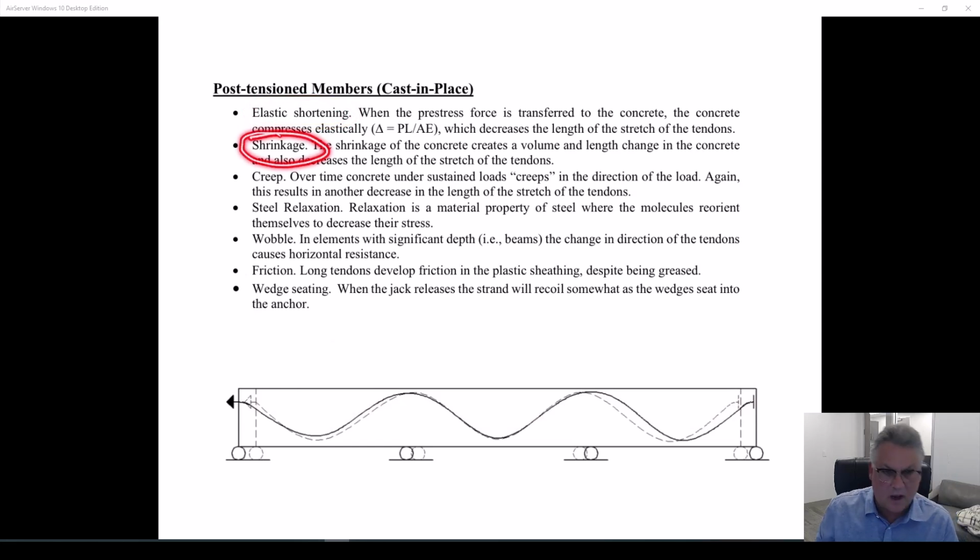Concrete shrinks over time. It's hydrating. It was wet in its first days of life. It starts shrinking, starts hydrating. That hydration leaves voids in the concrete. Now, in reinforced concrete, we just end up with a whole bunch of cracks throughout the system. Hopefully they're relatively small cracks and we don't see them and they don't stand out that much. In post-tension concrete, we really don't see those same cracks.